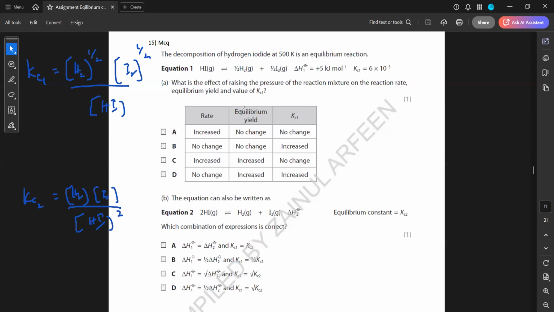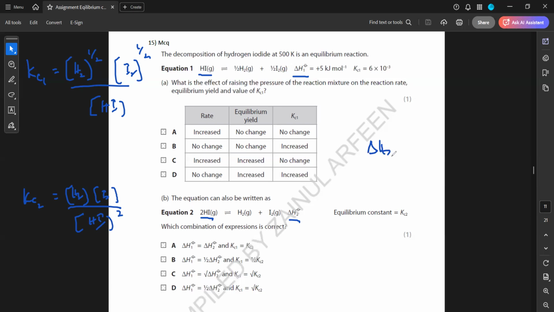First, as you can see, this is delta H1 and this is delta H2. So here we have 1 mole and here we have 2 moles. Or here, 1 mole of hydrogen iodide and here we have 2 moles of hydrogen iodide. Or half moles are there and we have 1 mole. So what will happen as the number of moles is doubled?